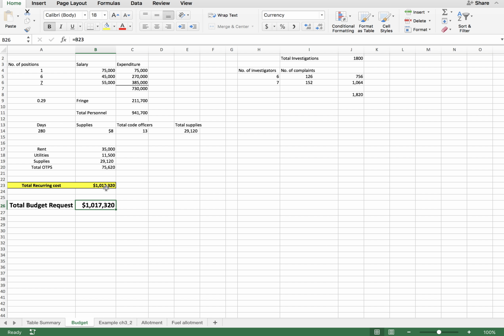So again, the amount that you request is really contingent upon the number of investigators that you decide to hire. In this scenario, I hired six regular investigators and seven seniors, and that allowed me to handle a capacity of 1,820 investigations a year in total, which equated to 1,017,320.